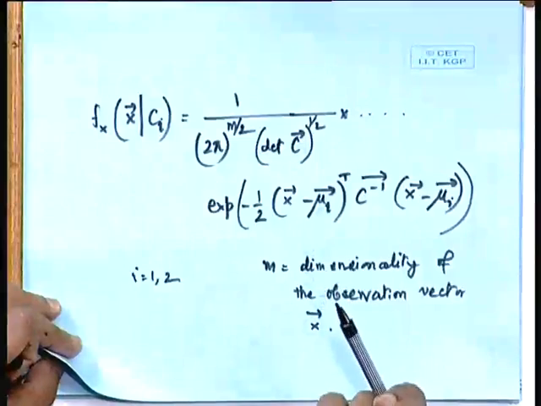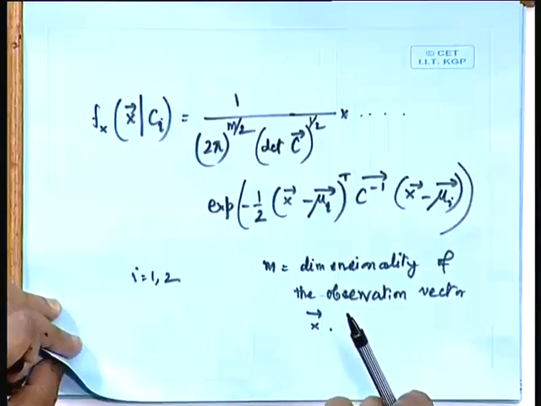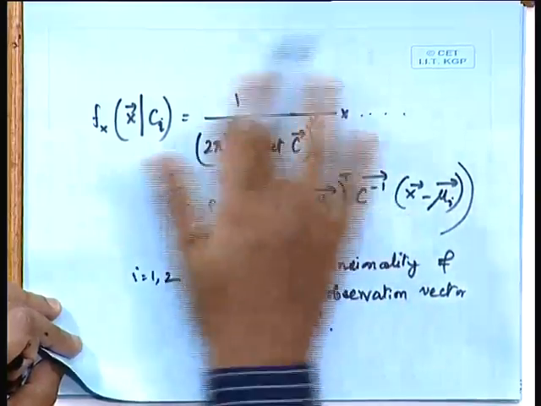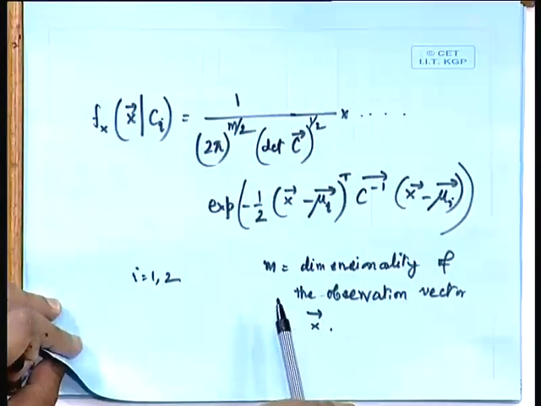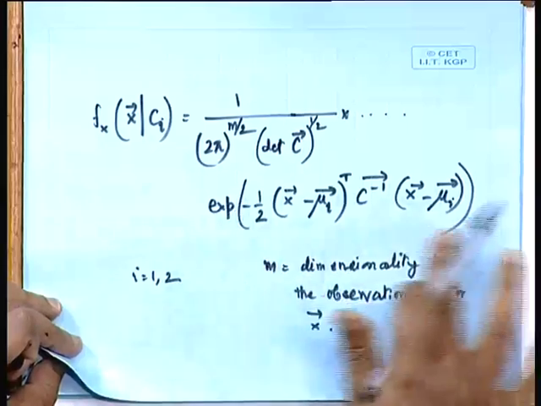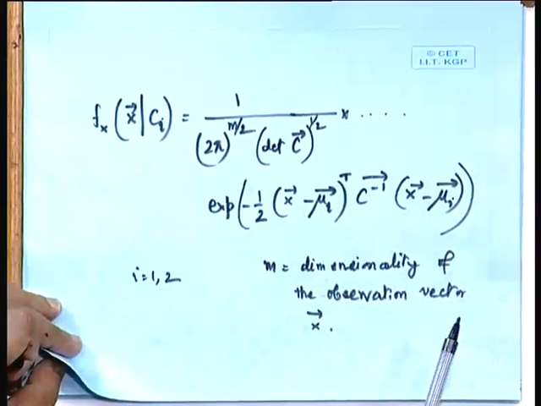You can very clearly see that this coefficient term will get cancelled out, they become 1, and only the quantity written within the exponential will remain, exponential to the power something by exponential to the power something, which will mean that the expression for mu1 and the expression for mu2 will just be subtracted from each other, if we are taking fx x given C1 by fx x given C2.